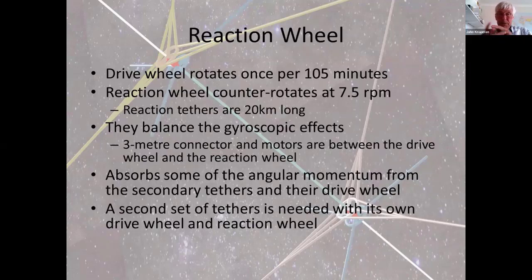And also the reaction wheel will absorb some of the angular momentum from when we accelerate the secondary tethers and their drive wheel, or when we speed up a spacecraft going along it.